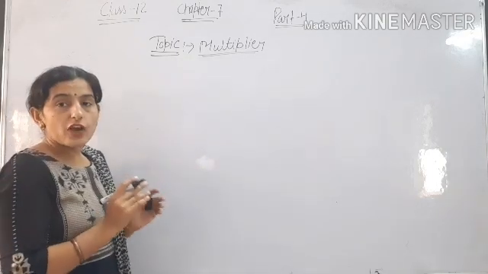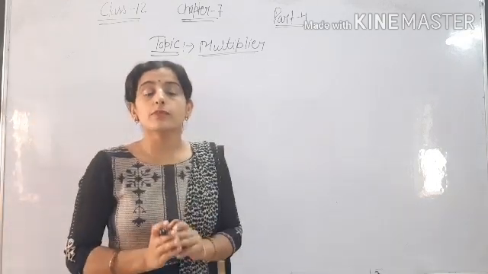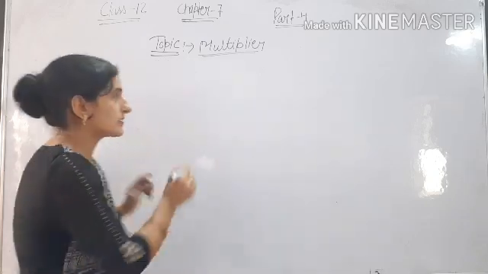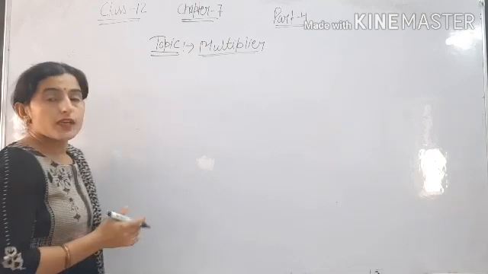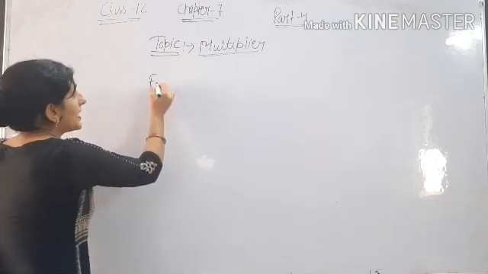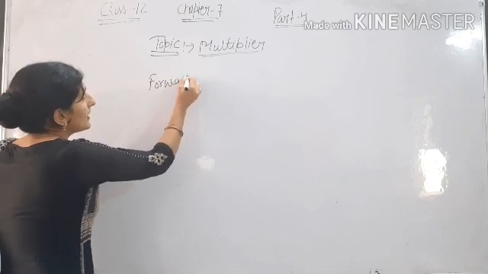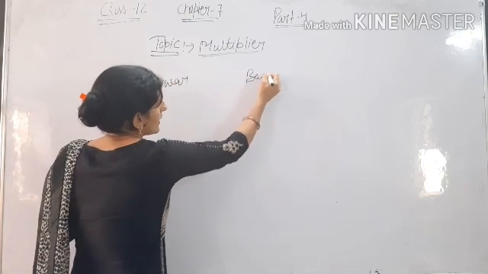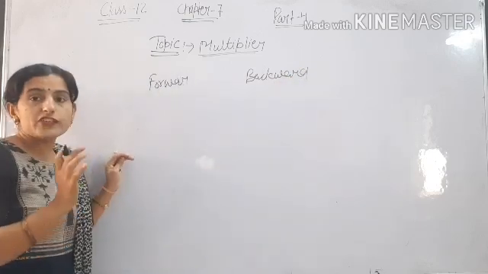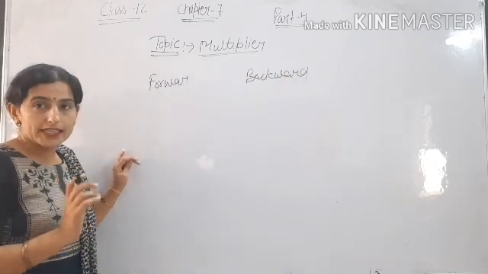Now we will discuss how the multiplier works in forward and backward action. The multiplier works in both directions, forward and backward. As we have discussed, there is a positive relation between MPC and multiplier.